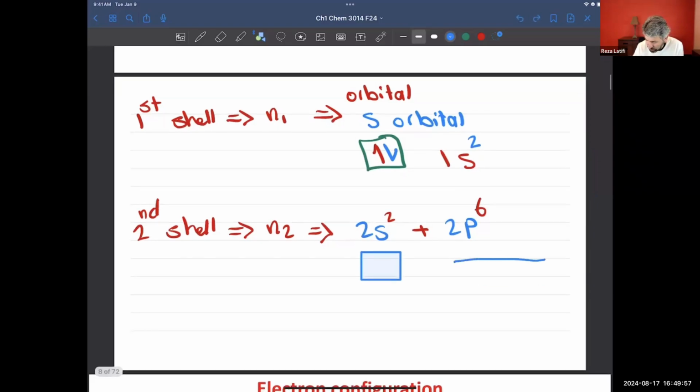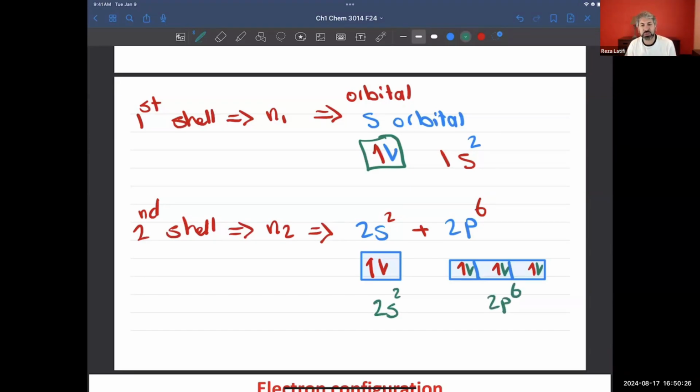So we put 2 electrons inside the first orbital, and then 1 electron in each p orbital, and the second one will be pointing down. The first orbital we call 2s with 2 electrons, and this is the 2p orbital with 6 electrons. In organic chemistry, mainly you will be dealing with s and p orbitals.